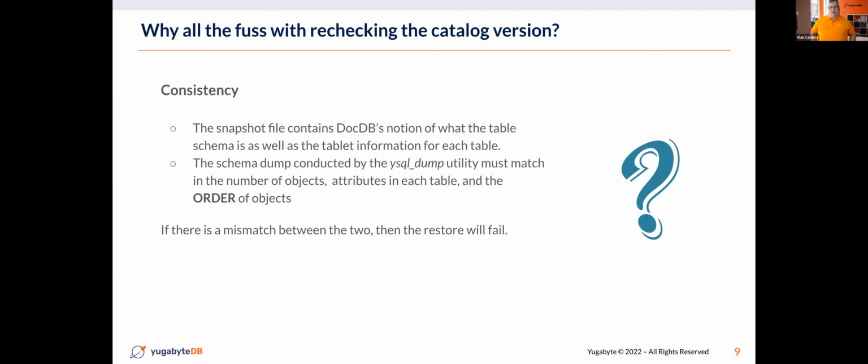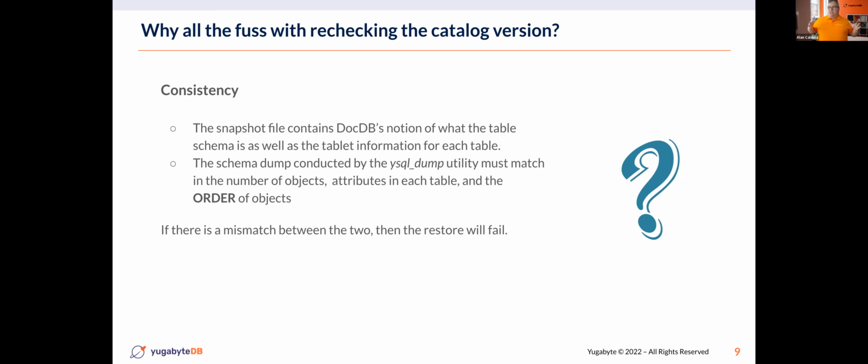Okay, so why all the fuss with rechecking the catalog version? The simple answer is consistency. The snapshot file contains DocDB's notion of the table schema as well as the tablet information. In there, we've got the attribute names, what the last column position is, and the order of the table.